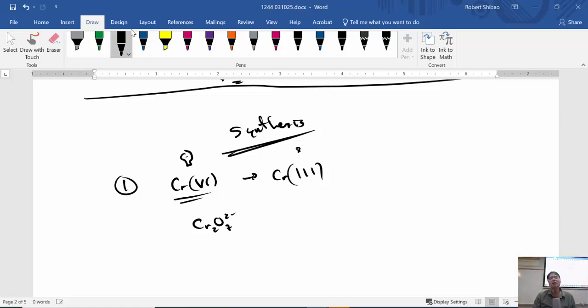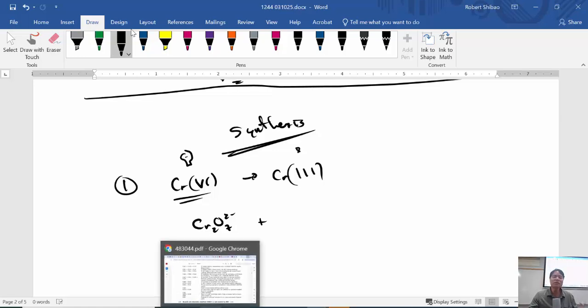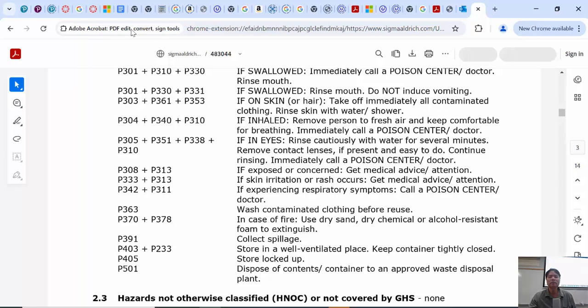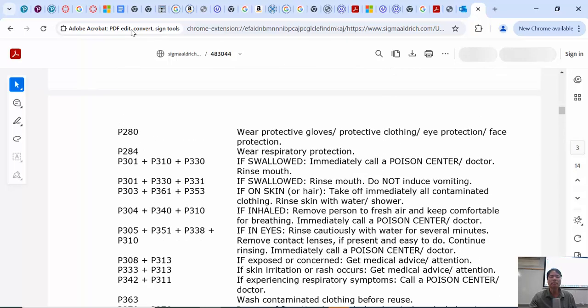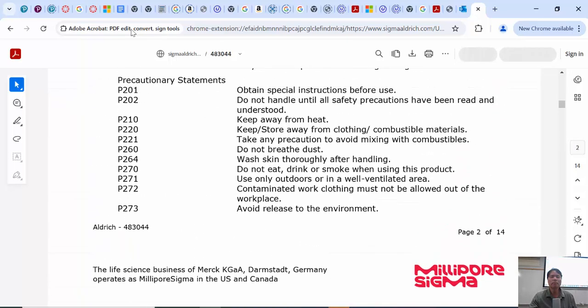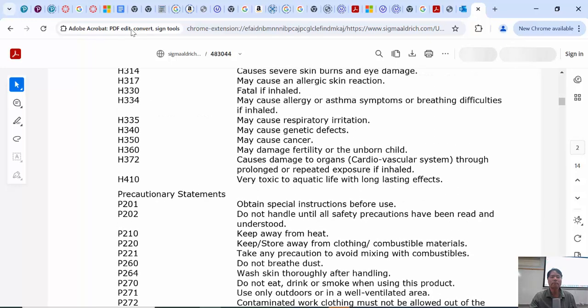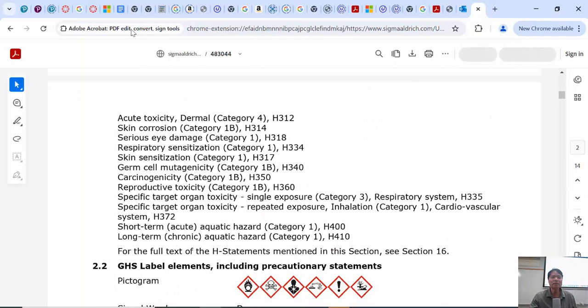And so we're going to take our dichromate and then reduce it. So we need some kind of reducing agent. But we have to worry about, let's consult the SDS. If we consult the SDS, let's see what it says about it. This is toxicity data.